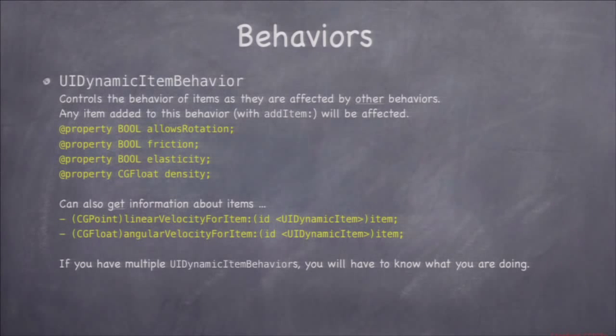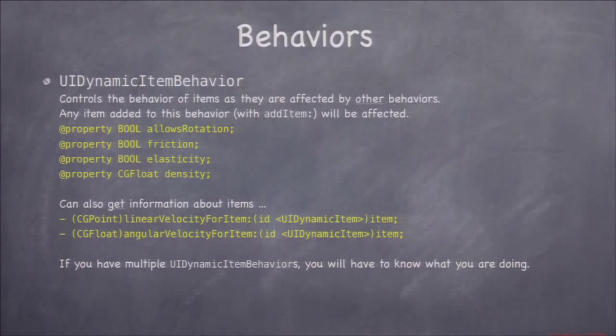So there's a class, a behavior called UIDynamicItemBehavior. Okay? And so if you want any of these things, like you don't want the view to be able to rotate, which I don't know, for your homework, sometimes you might want that, sometimes not, or you want to specify the friction or the bounciness of this object, you create a UIDynamicItemBehavior and add the items to that as well.